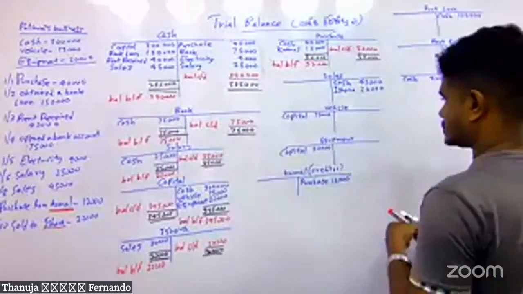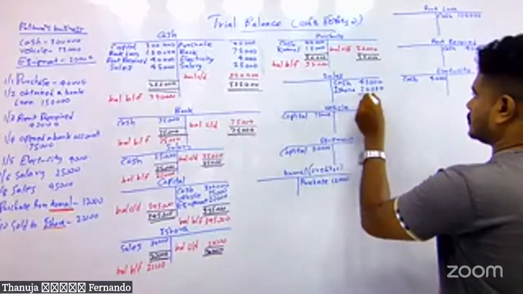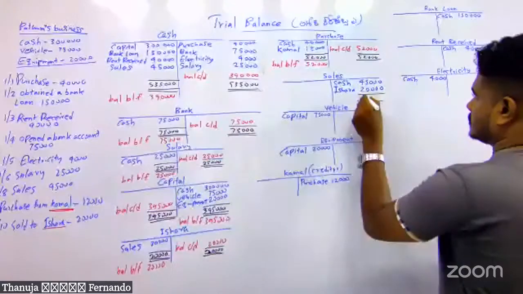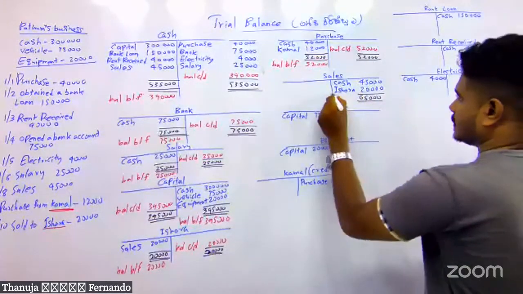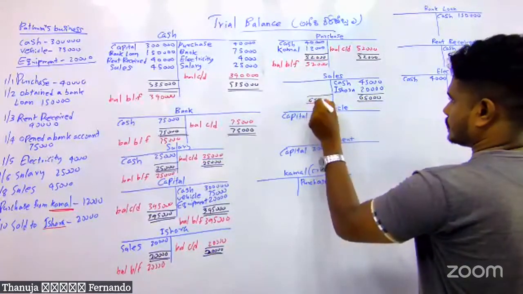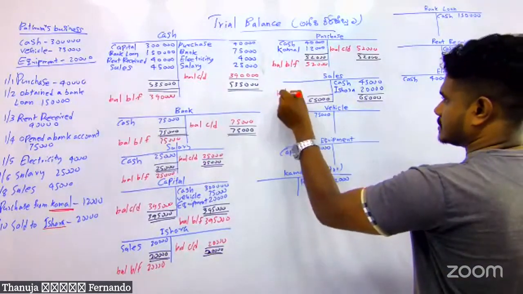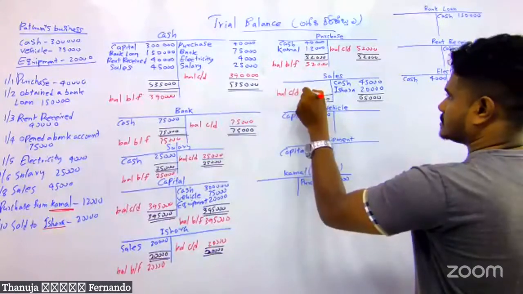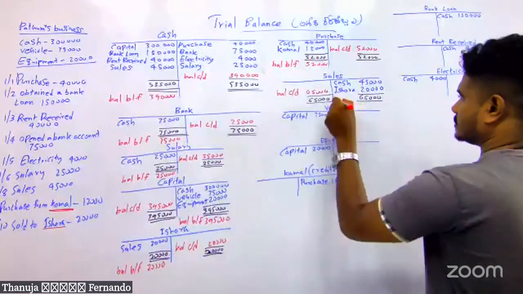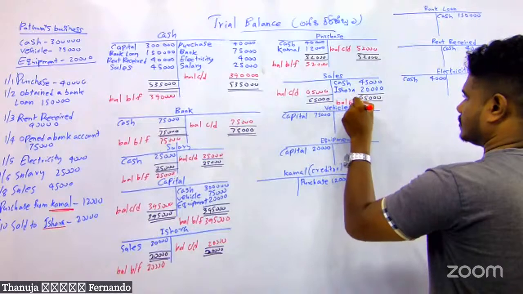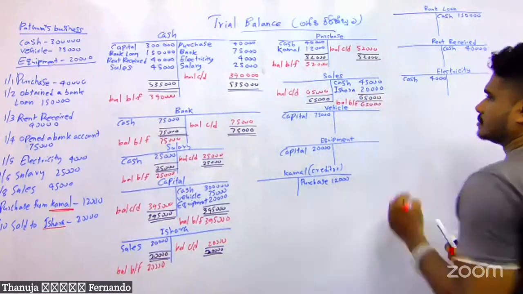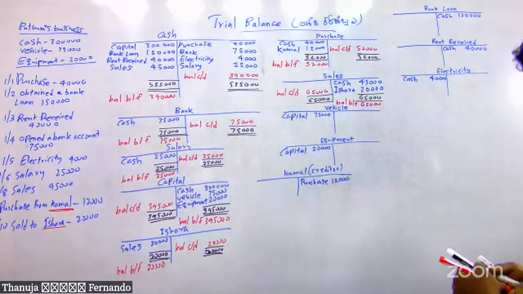Then sales account 65,000 to both sides. So when we deduct 0, balance CD carried down as 65,000 and balance brought forward as 65,000. Right.